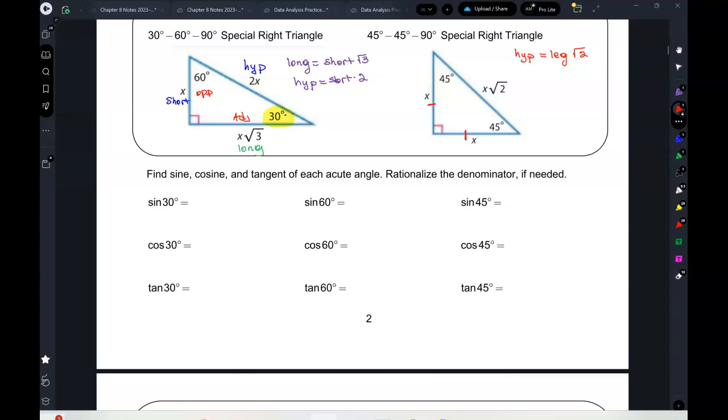So sine of 30 is x over x√3, right? No, it's not. Oh my God. X over 2x. I'm so sorry. Which will be 1/2. Cosine of 30 is x√3 over 2x, √3 over 2. Tangent of 30 is x over x√3, 1 over √3, which is √3 over 3.